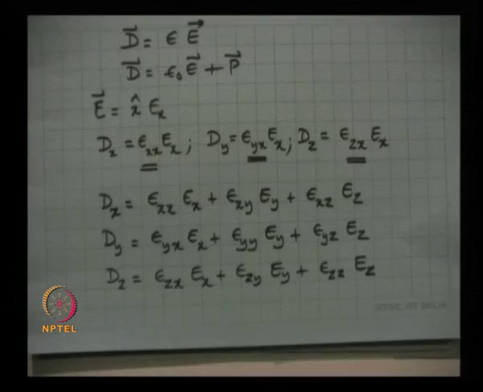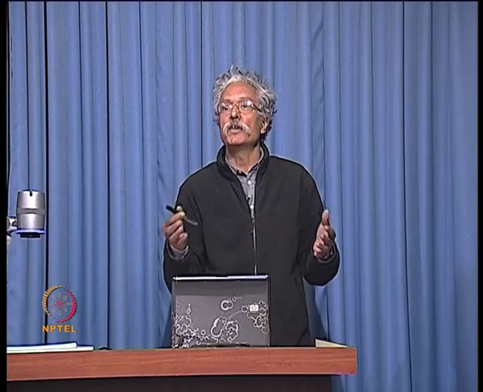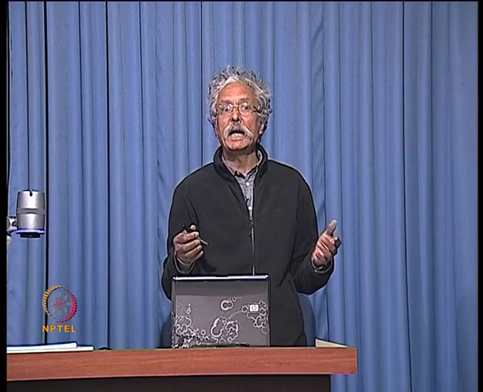Now please note, there is one special thing about the principal axis. What will happen if I apply an electric field along one of the principal axes? Let me go back to this equation. If I apply an electric field along the y direction, which happens to be a principal axis, Ey is finite, Ex and Ez are 0. What is D?